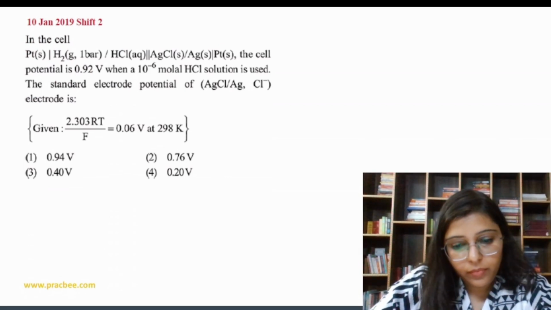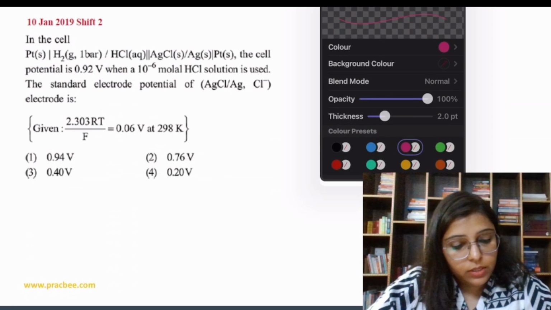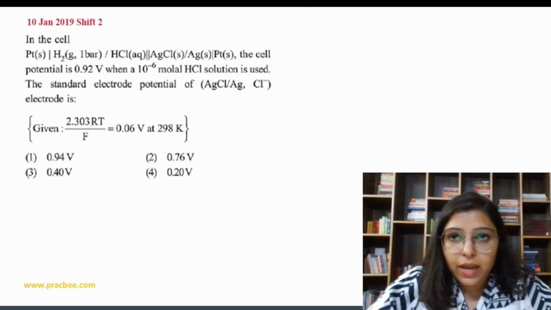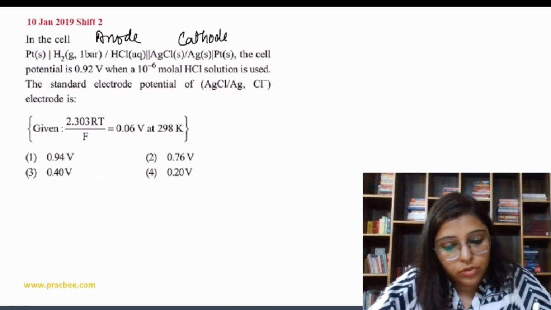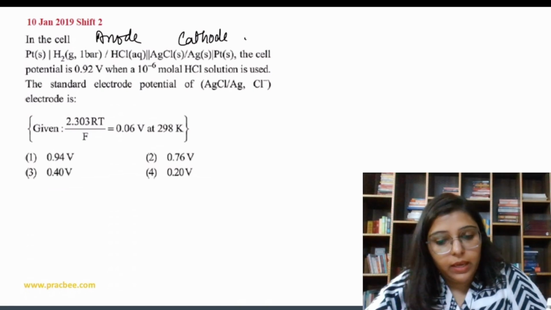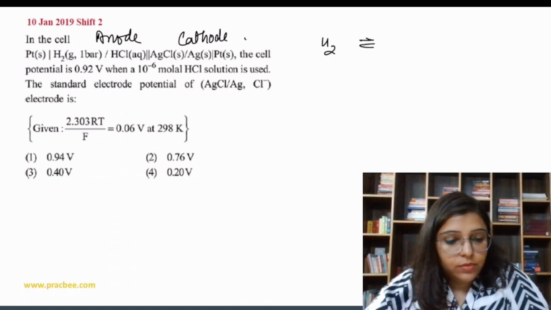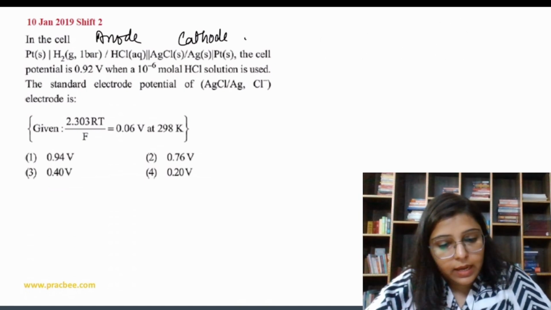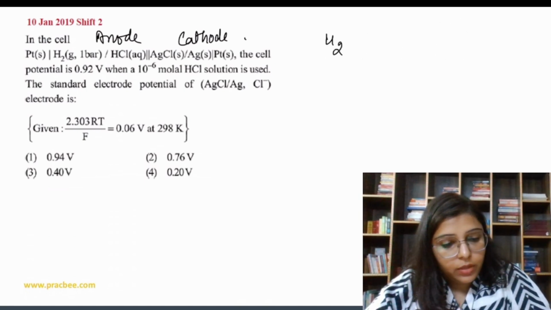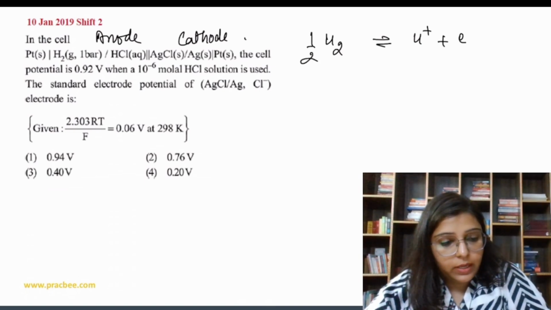Okay, fine. So let's do this. Platinum, H2 gas 1 bar, HCl. This is the anode and this is the cathode. So let's write down the reaction. Here H2 gives 2H plus and 2 electron, or half H2 gives H plus and 1 electron.